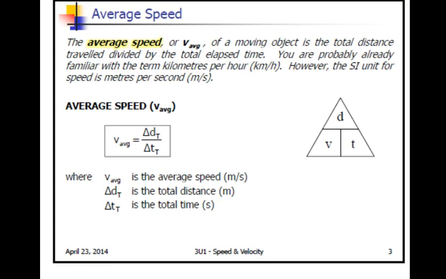The d-v-t triangle you see on the side can be used to develop an equation for average speed, or to find your distance, or your time. So v equals d over t. d can be written as v times t, and t, the time, could be d over v.